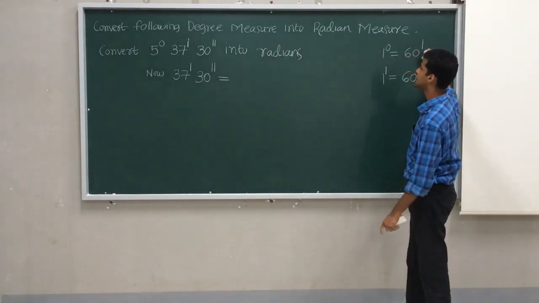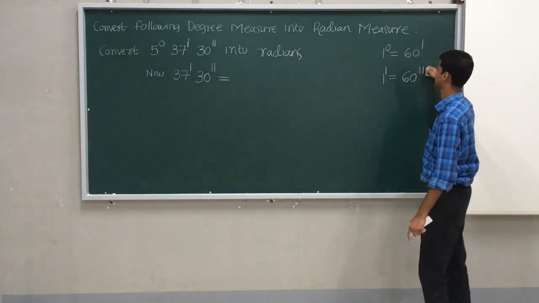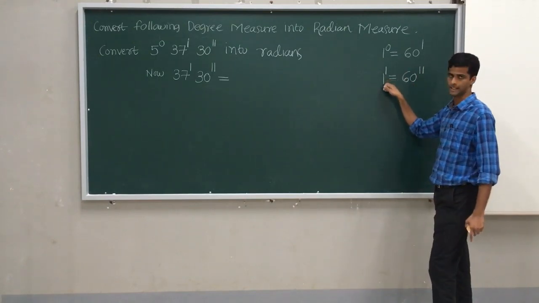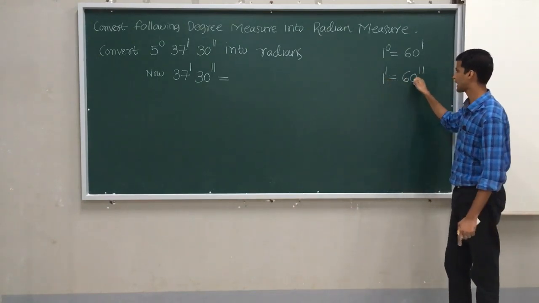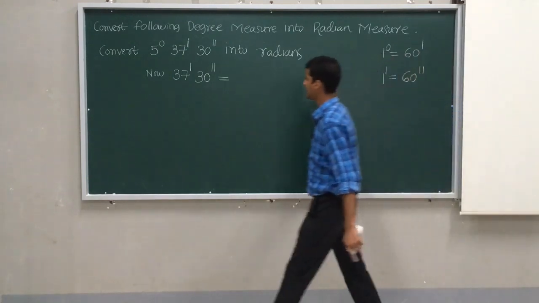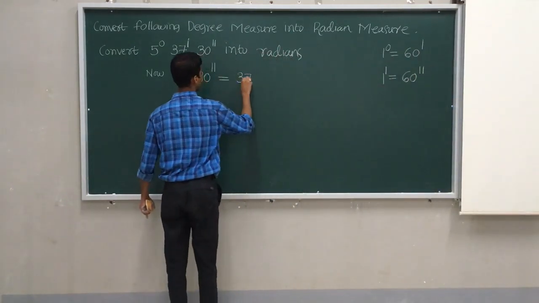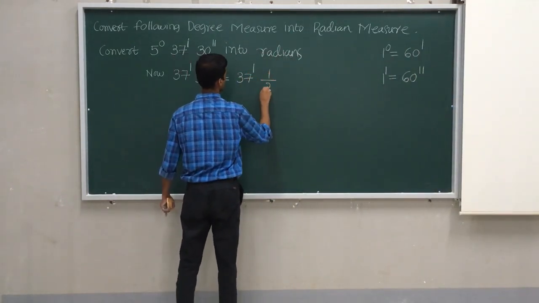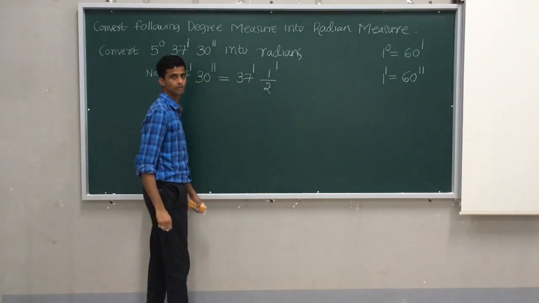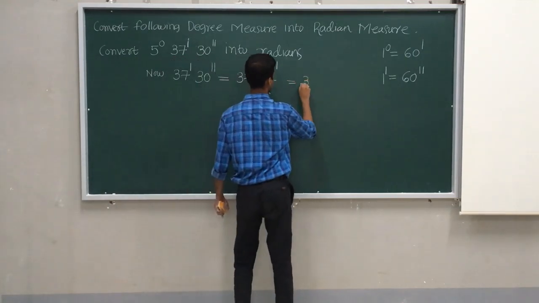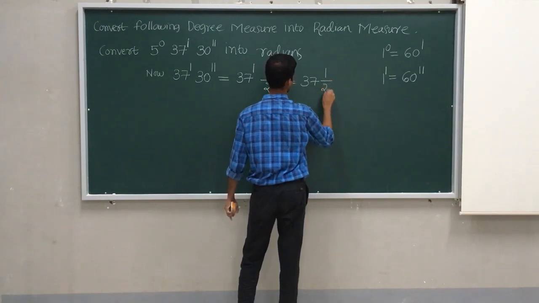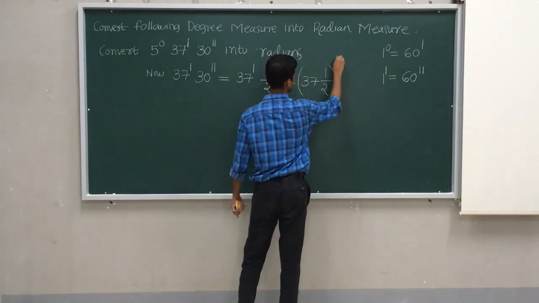See, 60 seconds is 1 minute. Therefore, obviously 30 seconds is half minute, right? Therefore, I can say it is 37 minute and half minute. Hope you understood. Then it is 37 and half minute.